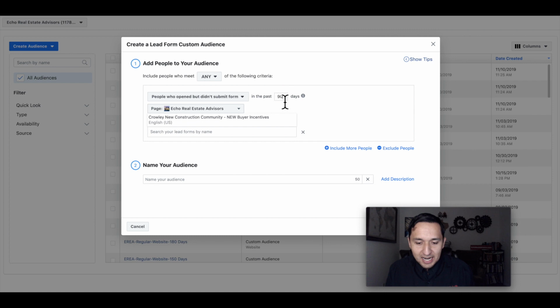I can leave it at 90 days, or go down to 30 days. It doesn't matter. I'll just go ahead and leave it at 90 days. I believe I've used this form several times before, now that I think about it, because this is Crowley, right? So I have used this in the past. Maybe not as far back as 90 days, but 90 days isn't going to hurt anything.